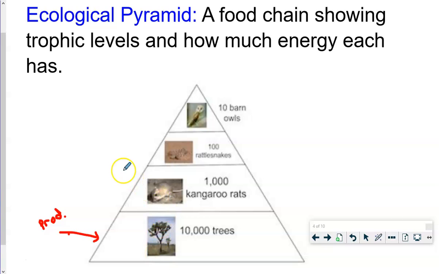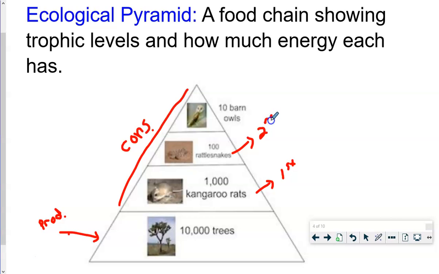Now, above the producer, all of these guys here are going to be consumers, right? Because they all have to eat food. Well, there's more than one level of consumers. And actually, the lowest level we could say is the first level. And we can say this guy is the second level. And this guy up here is the third level.